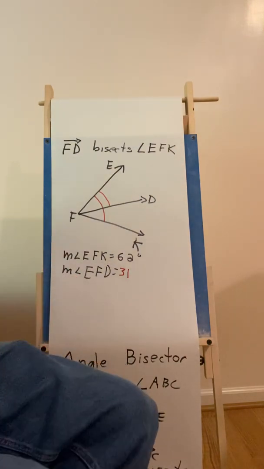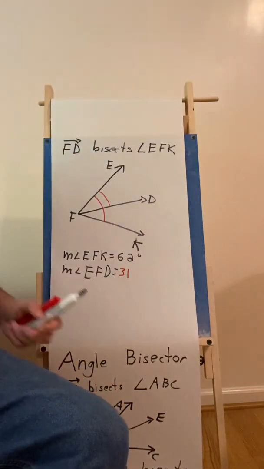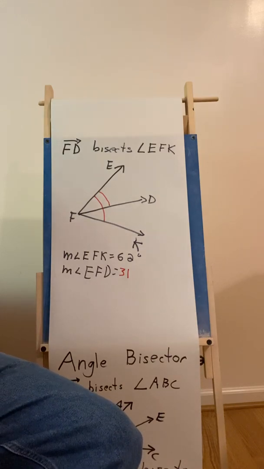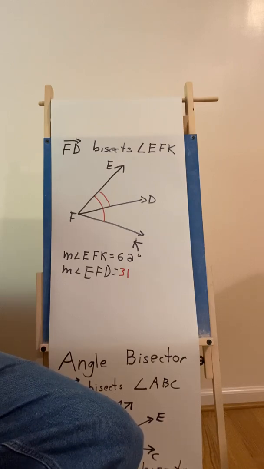All right, so we can do a lot of problems like that. I can change the numbers around. If you want to pay attention and listen, let me throw out some questions and see if you can get the answers. Let's say angle DFK is 25. What would angle EFK be?